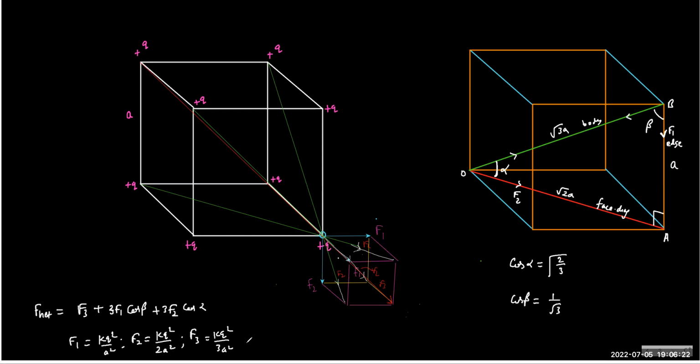So can you substitute the values and get the answer directly now? Yes, sir. So you know alpha, you know cos beta, you know F1, F2, F3. Just substitute and get your answer. It is a bit computationally long, but I won't say it's very challenging or difficult once you understand the angle part.